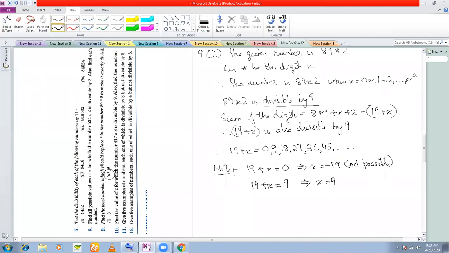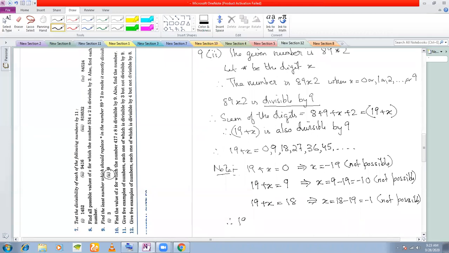So this is 9 minus 19, which is minus 10. Again, not possible. Okay, let us take the next value. 19 plus x is equal to 18. So now 18 is very close to 19, so it should be possible. But I still see here that 18 minus 19 gives me minus 1, which is again not possible. So that means that now I have to take a number that is greater than 18.